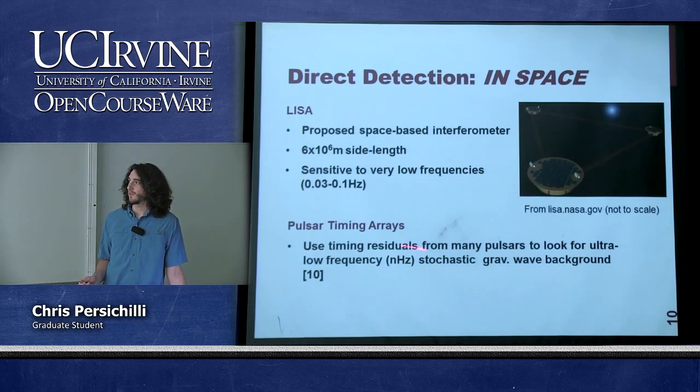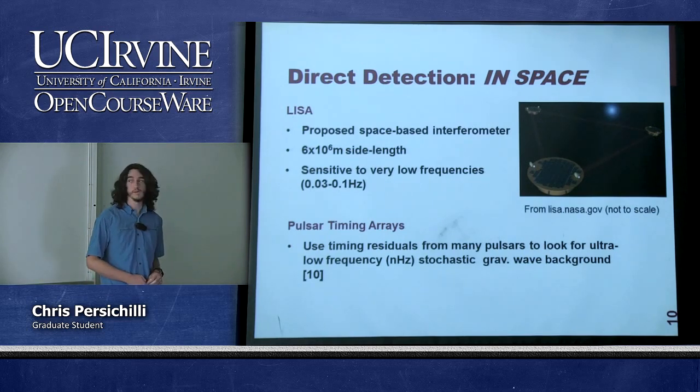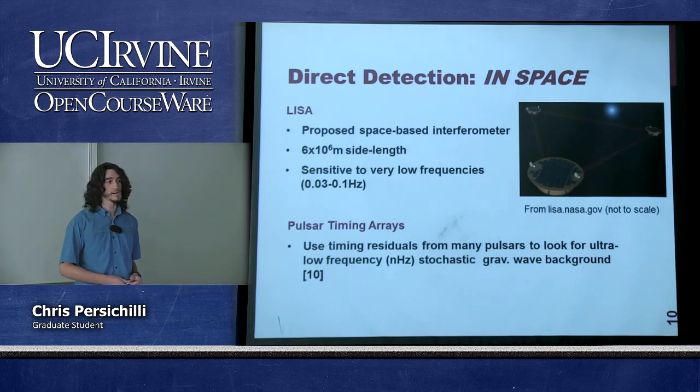And another potential way of directly detecting gravitational waves are these so-called pulsar timing arrays. Basically, you can think of pulsars as natural clocks. Their maximum repeat at a very stable frequency. They have a certain sort of spin down, which you can calculate.